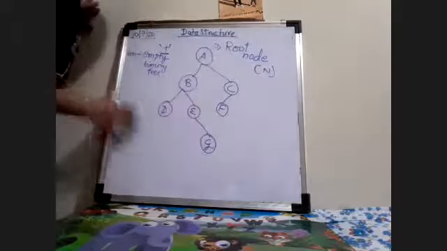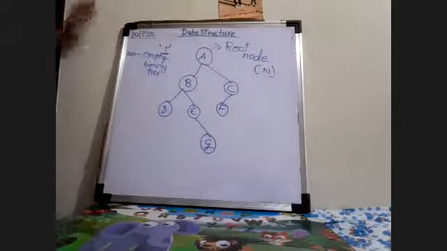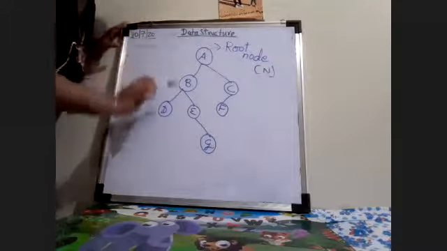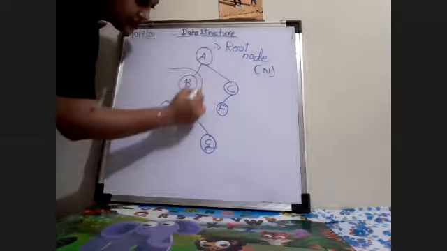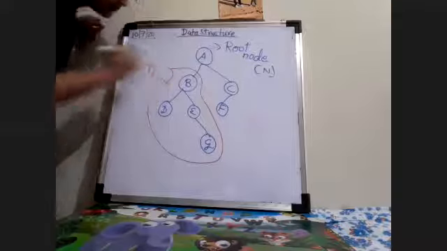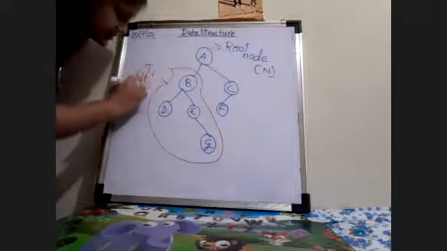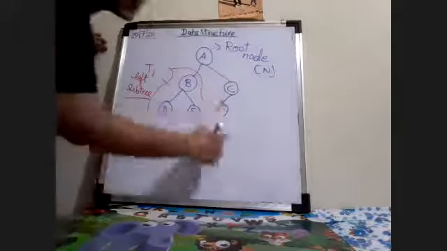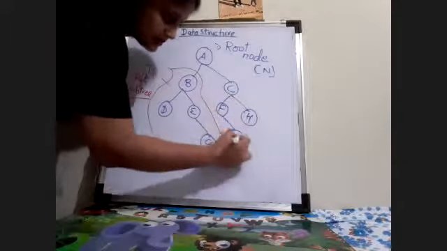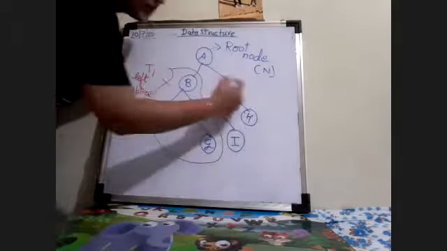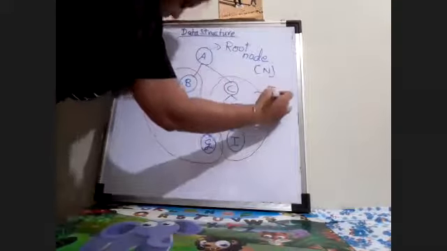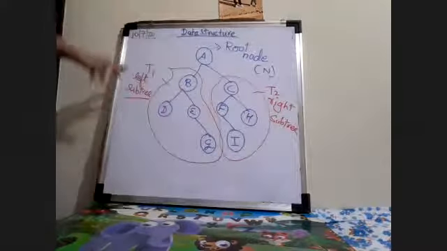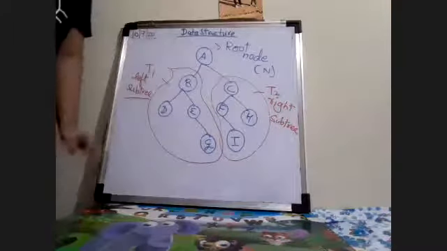These are records, but in the diagram we are only showing you A, B, C, D. The left part of the tree, T1, is known as left subtree. The right part of the tree is known as right subtree.